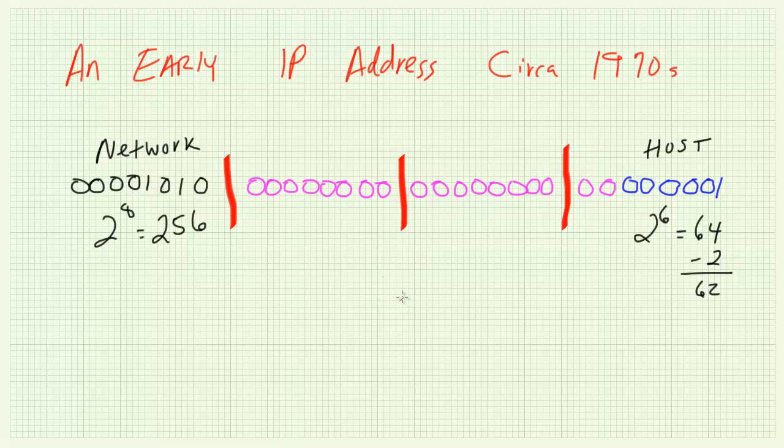By organizing addressing in this way, networks could be appropriately configured with a number of networks and a number of hosts on each network that more closely met the needs of the organizations that were connecting their networks to what was beginning to evolve into the internet that we know today.